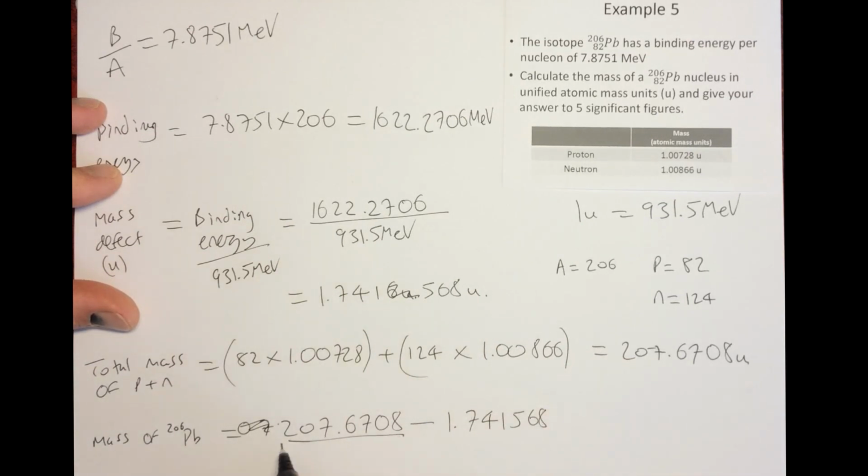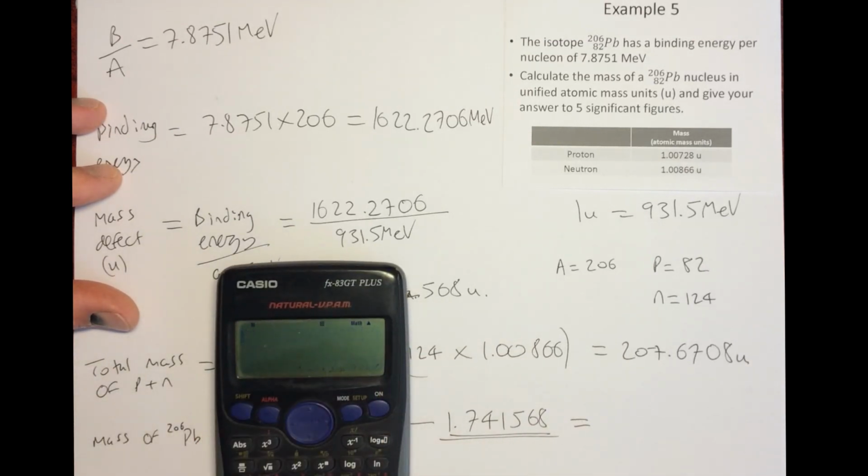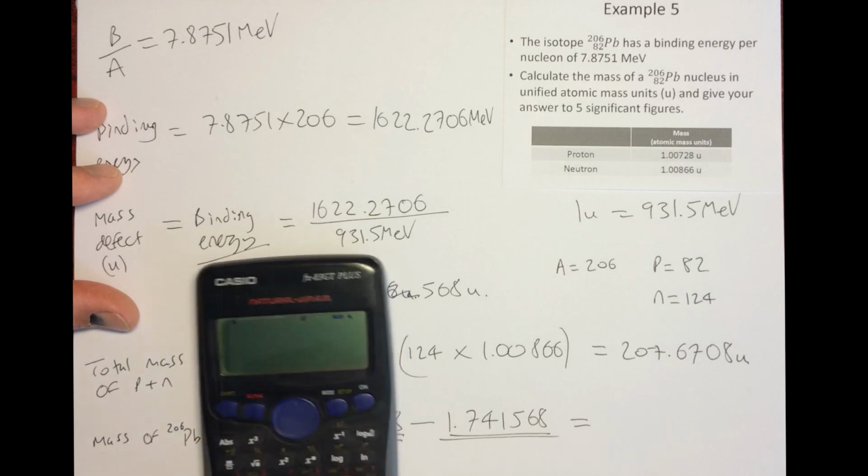So it's the total mass of the individual nucleons minus the mass defect. That gives us the mass of our lead nucleus. So let's work that out.